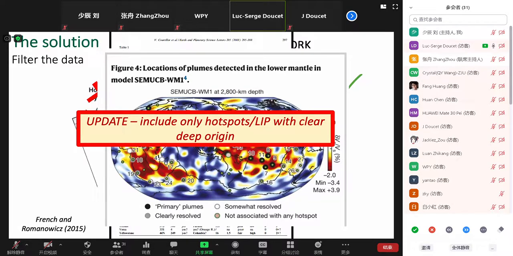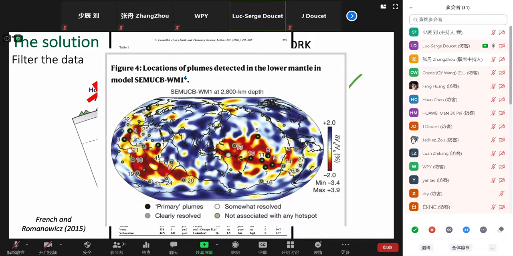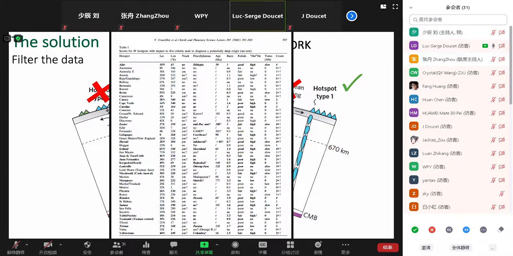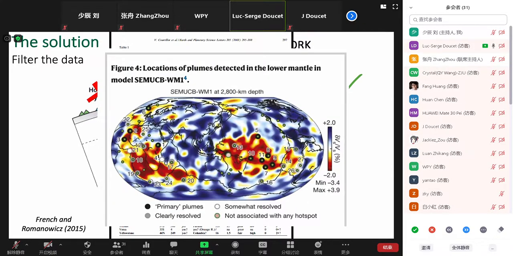To understand what's going on deep in the mantle, you need to only focus on the plumes that sample the core-mantle boundary, or could sample very close to the LLSVP.